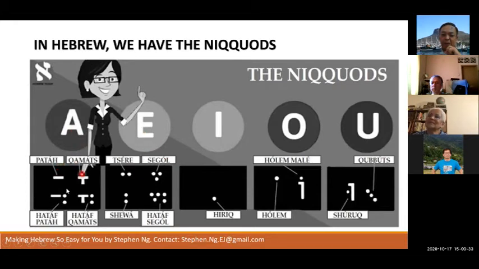If you see a line or dash like this, it is an A vowel. If you see two or more dots without lines, it's an E vowel. If you see one dot, it is I, O, or U. And if you see the three dots here, it's a U. That's the last category.